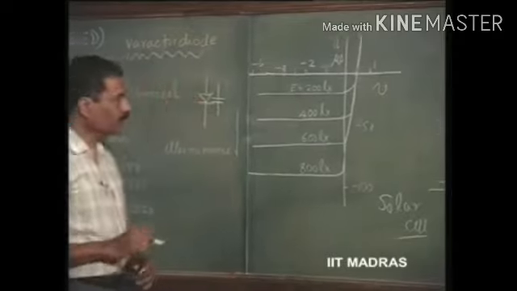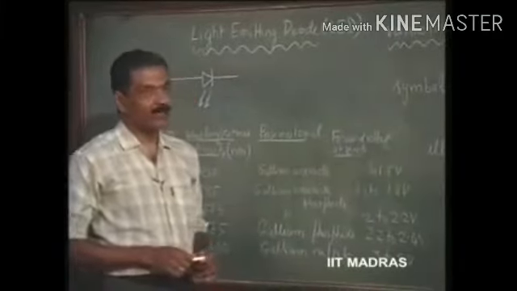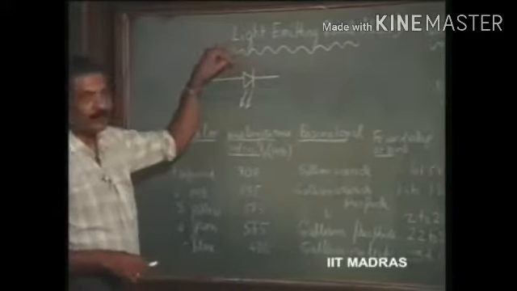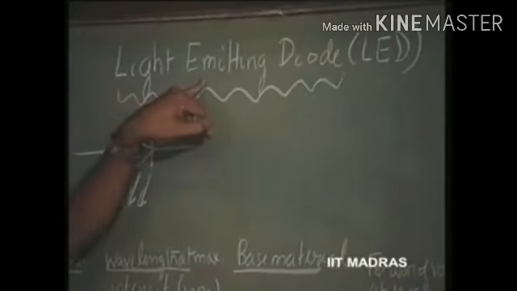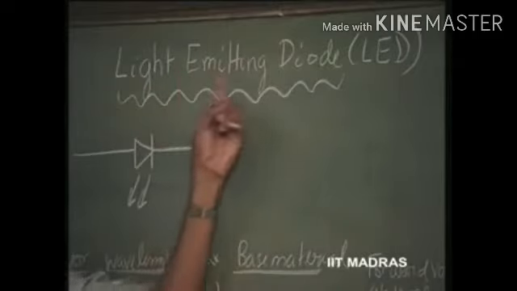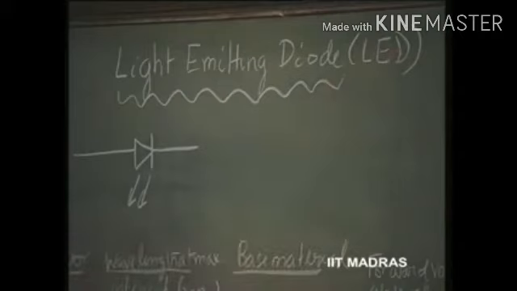Now, let us go to another diode which is almost a counterpart of this photodiode. This is called the light emitting diode, or LED, popularly known as light emitting diode.